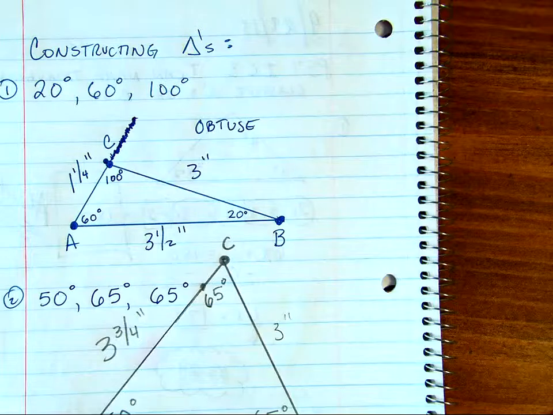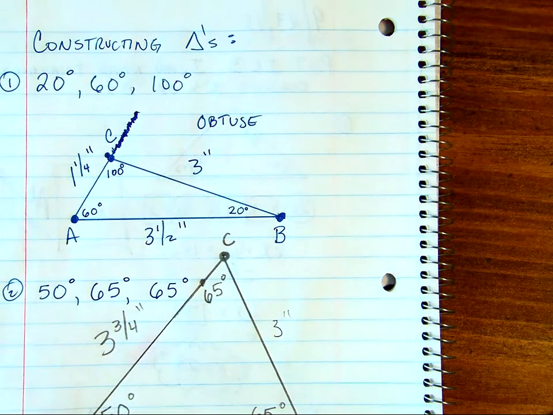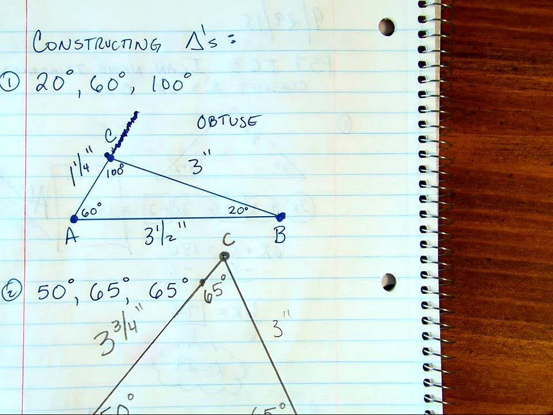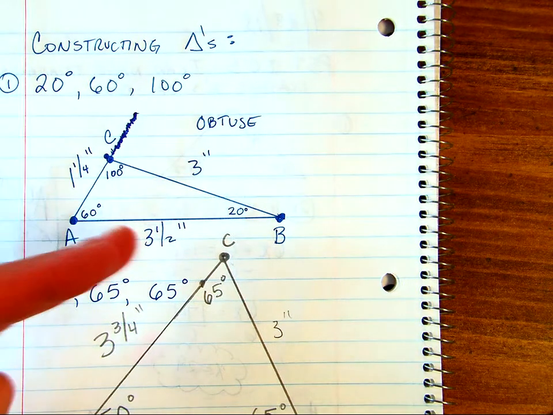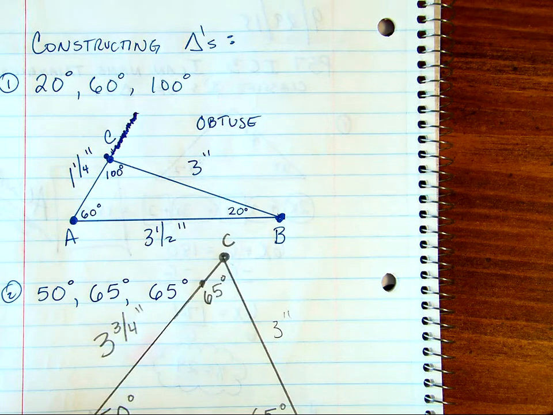So what will we classify that as, James? 1 1/4, 3, and 3.5. Equilateral, isosceles, or scalene? Not sure. Zach? Scalene. Because none of them are the same.